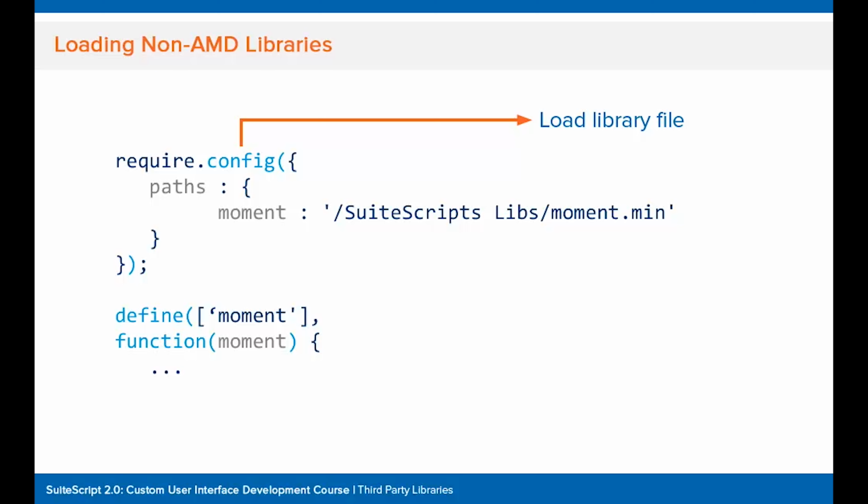For example, in this case, we are calling the moment.js library, and we're calling that moment.js library moment. So when we go to our define statement, we're going to call that as a module. That module would be based on the name that you used on the require config call. In this case, we call that moment. And then also we have to define the variable or our placeholder so that we can call that inside our code.